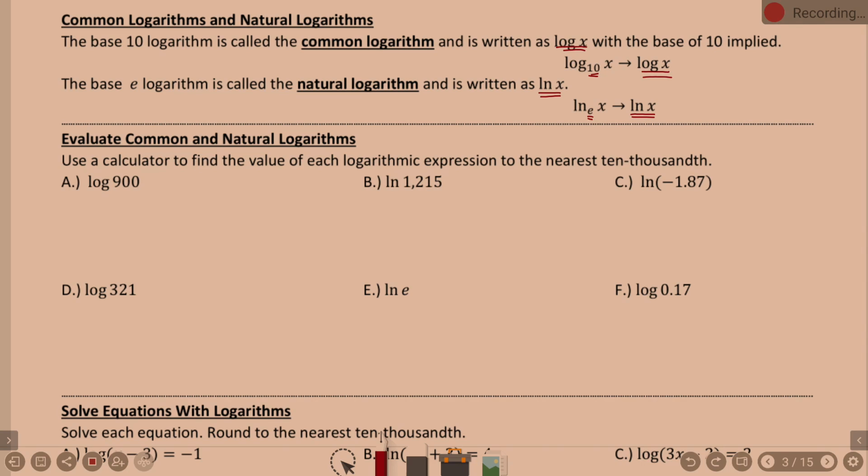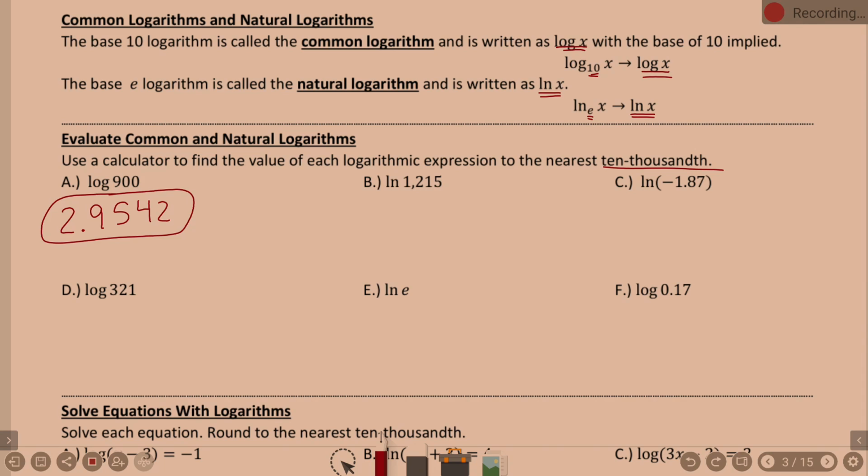What'd you get, Patrick? 2.95. Okay, I need more decimal places than that, but yes. Let's talk about how many decimal places we need here. Tenths, hundredths, thousandths, ten-thousandths. So I need 4. So 2.9542.